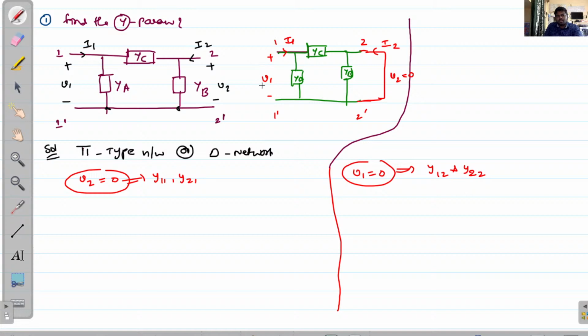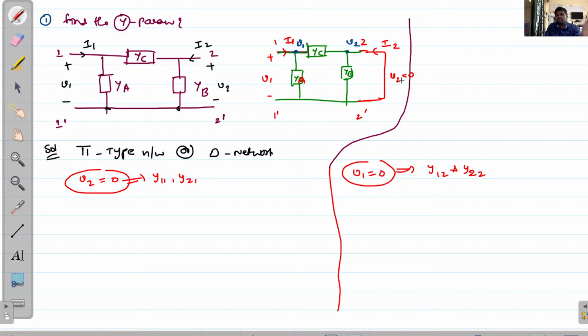The entire YA element has the voltage drop V1, so at this node I am considering V1 voltage drop, and here I am considering voltage drop V2. Across this particular element the voltage drop should be V2, and that V2 value equals 0.